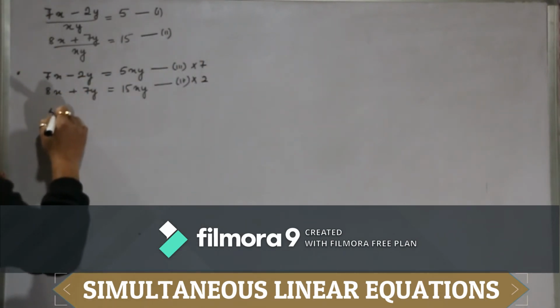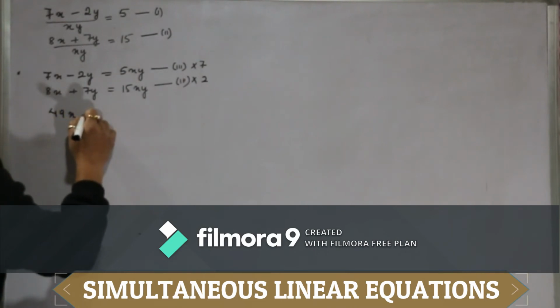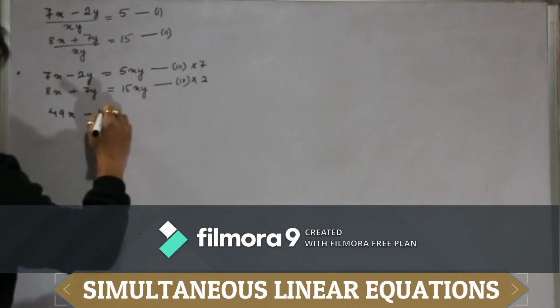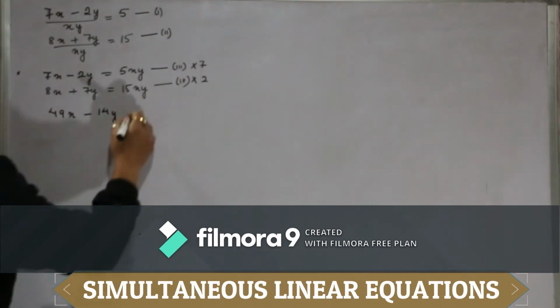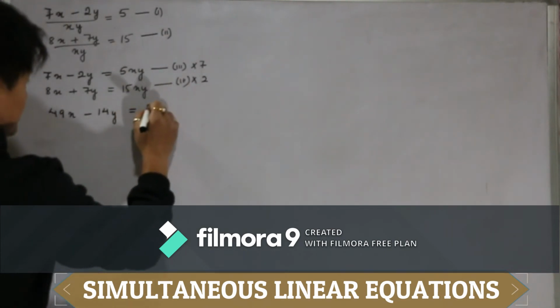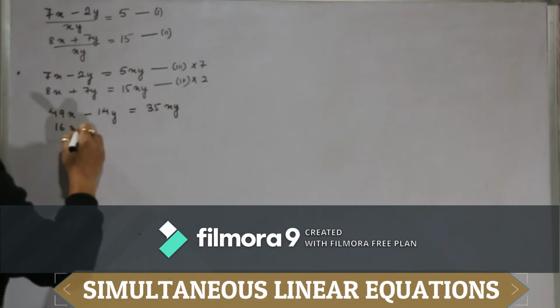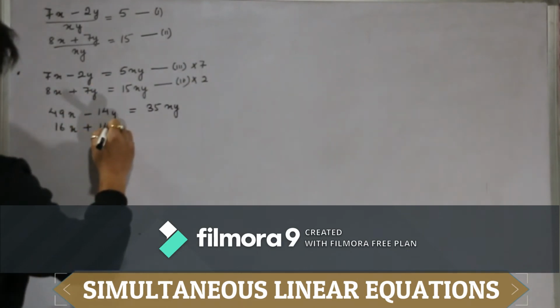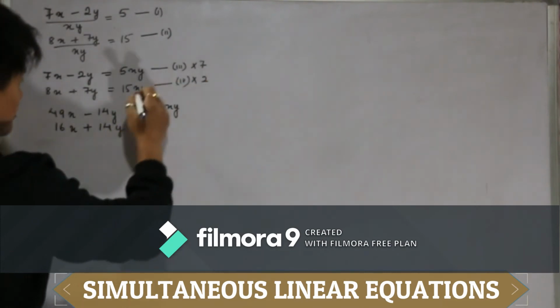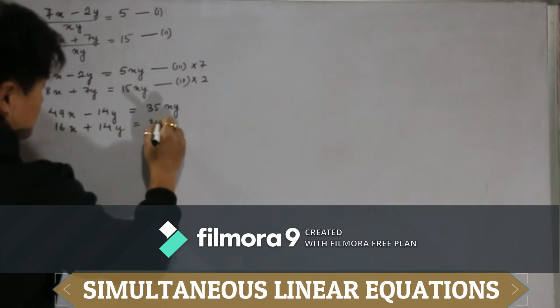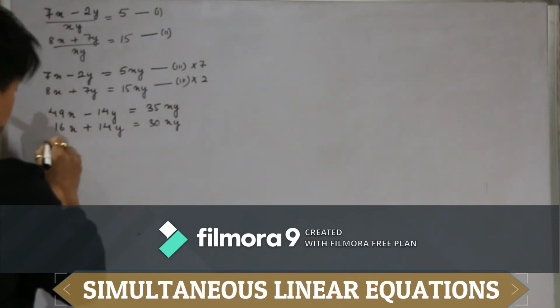7 7s are 49x minus 7 2s are 14y is equal to 7 5s are 35xy. 2 8s are 16x plus 2 7s are 14y is equal to 15 2s are 30xy.